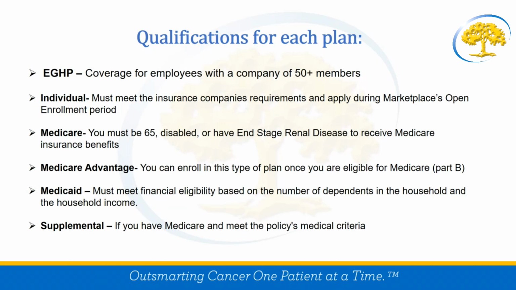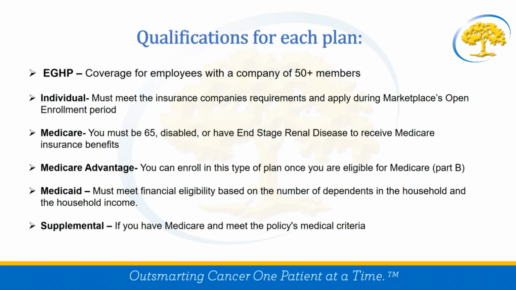And there are time periods where you can meet special enrollment requirements. For example, it's called a life-changing event. So if you get married, if you get divorced, if a family member passes, or if you lose a job, those are just a few examples of when you can take on an individual policy.